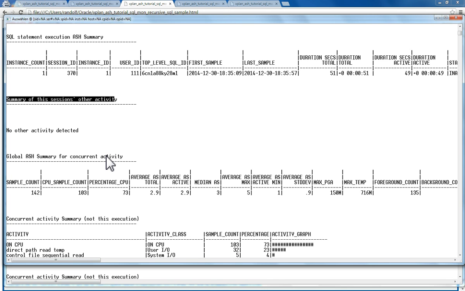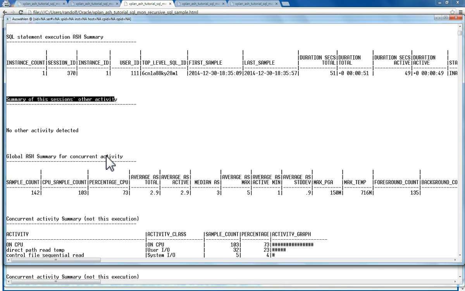And in case of cross-instance parallel execution, you would see even the breakdown on global level and on instance level for all instances involved in the execution. I think this is sometimes quite a helpful part of the analysis, so that you get an idea what kind of activity was taking place elsewhere on the system.